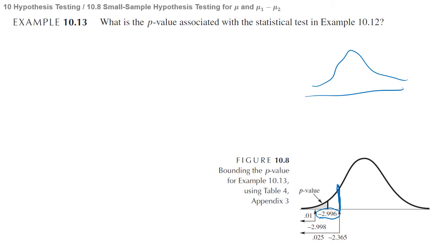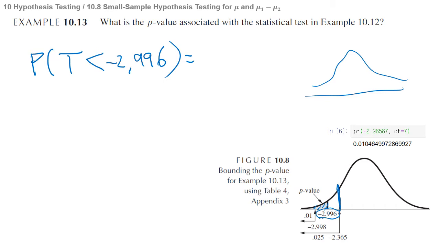For the p-value, we want to calculate this area, the probability that t is less than minus 2.96. Using R, since the degrees of freedom is 7, we can calculate it this way.